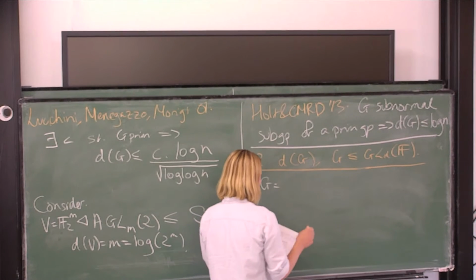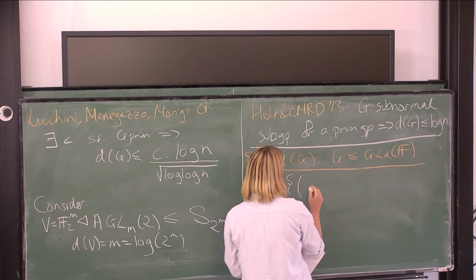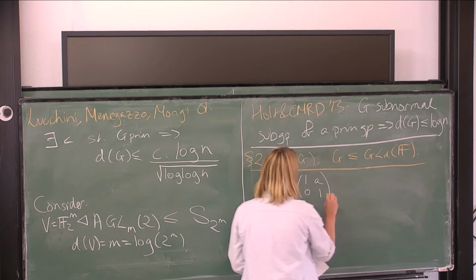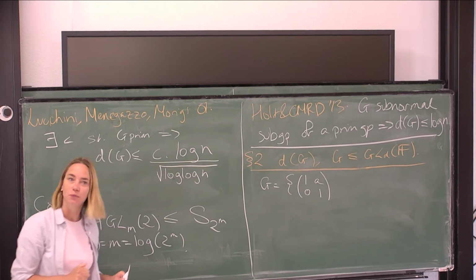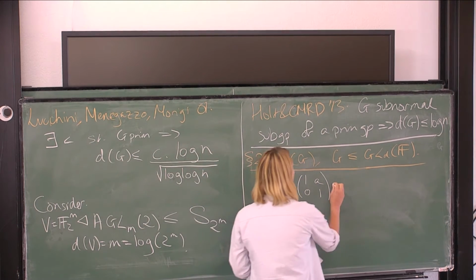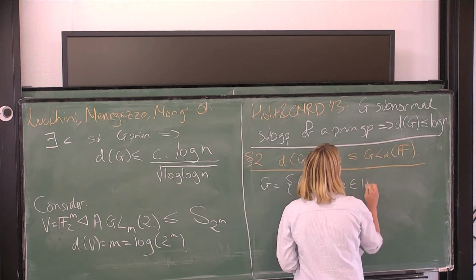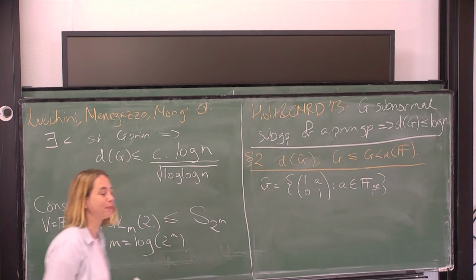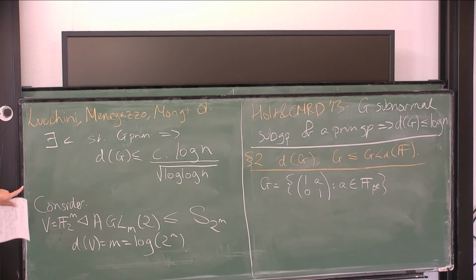So let's consider the group G, 2 by 2 matrices looking like (1 a; 0 1), where a is in some finite field of order p to the e. This is isomorphic to a vector space.